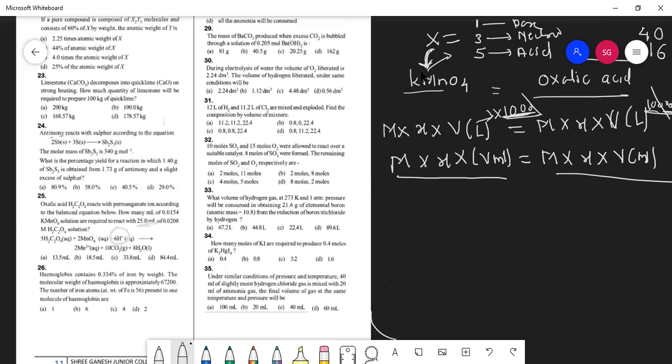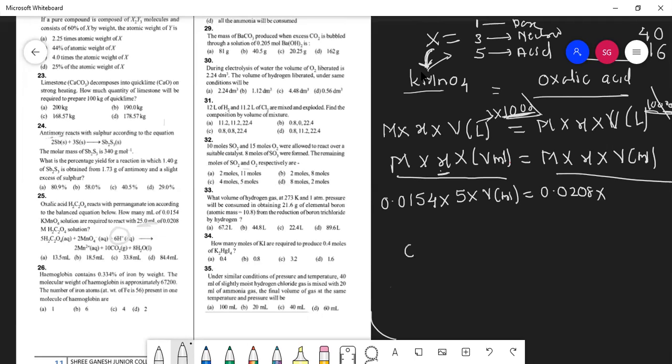Now tell me, for KMnO4, how much molarity is given? 0.0154. X value for KMnO4 in acidic medium? 5. And they asked the volume of this, so V ml will remain as it is. Oxalic acid molarity, how much is given? 0.0208.